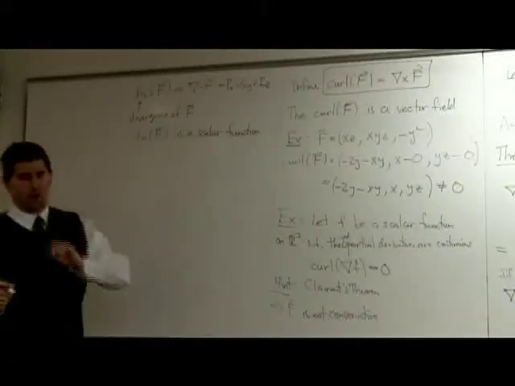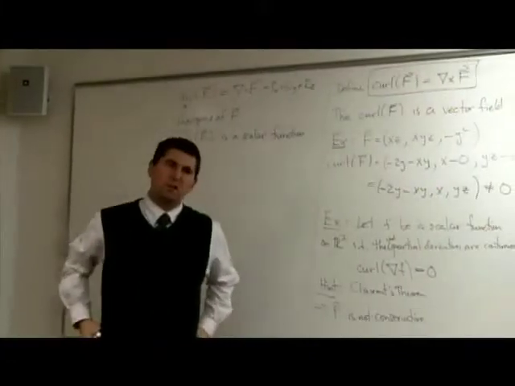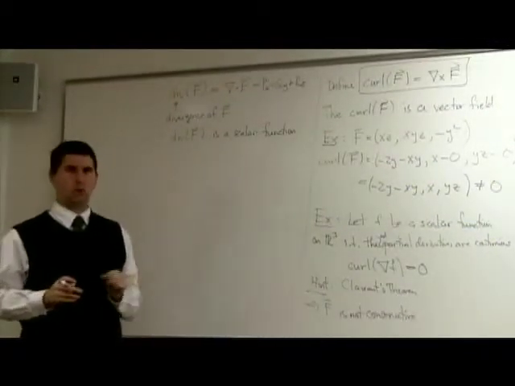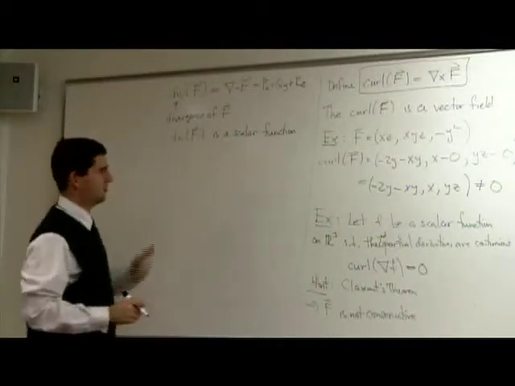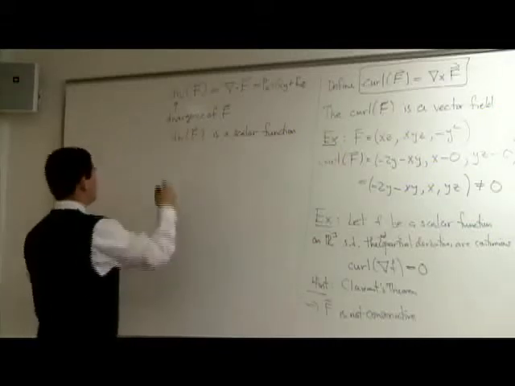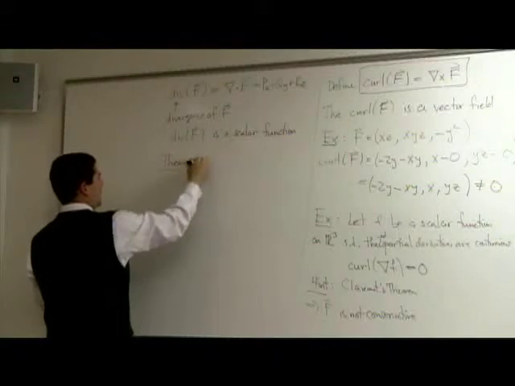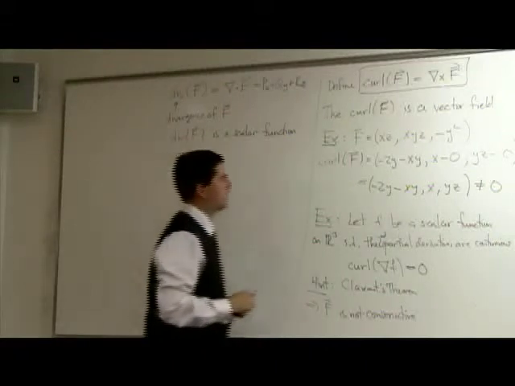So, in a little bit, I'll give you a physical reason for wanting to look at the curl and the divergence. But for now, let's just play around with these a little bit. So, let's see.